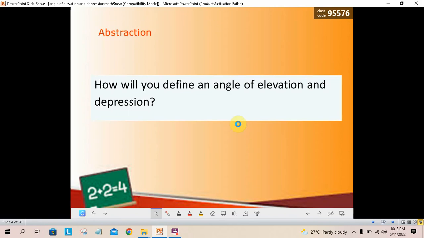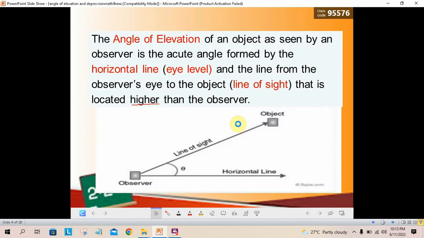How will you define an angle of elevation? How about an angle of depression? The angle of elevation of an object as seen by an observer is the acute angle formed by the horizontal line, eye level. So we have here the observer, and this is the line of sight.